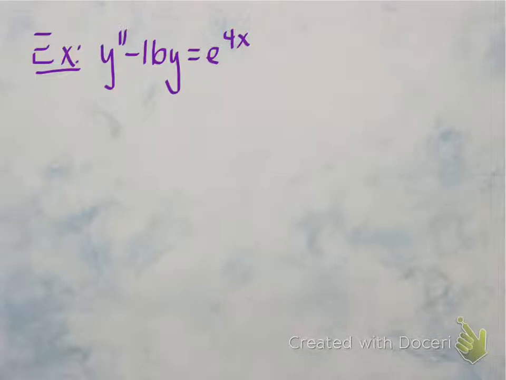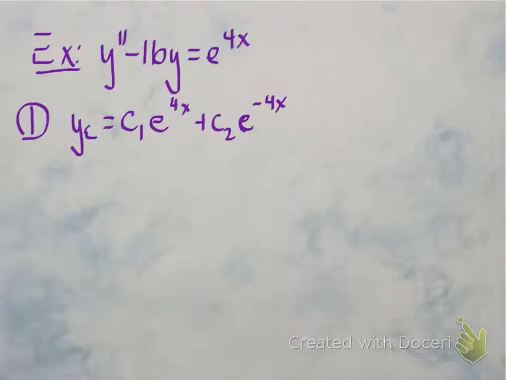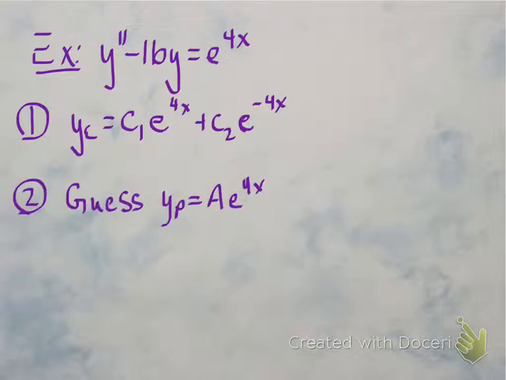Let y double prime minus 16y equal e to the 4x. First step, solve the HLEC. We get our complementary solution is c1 e to the 4x plus c2 e to the minus 4x. And the guess we would like to make with the method of undetermined coefficients is that our particular solution is a times e to the 4x.